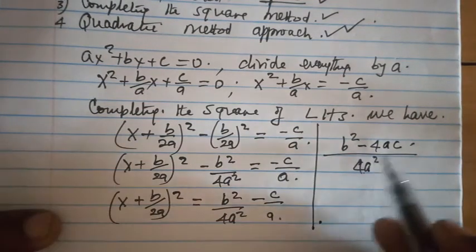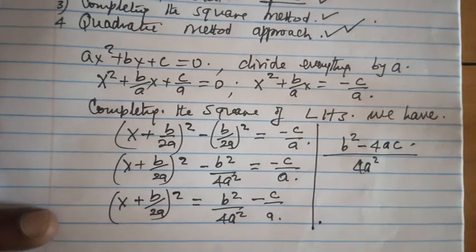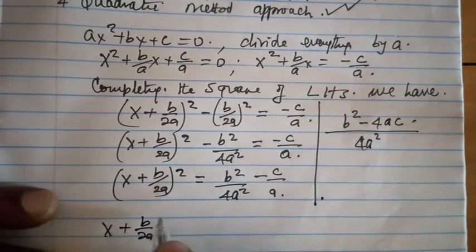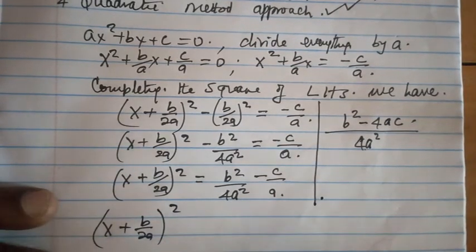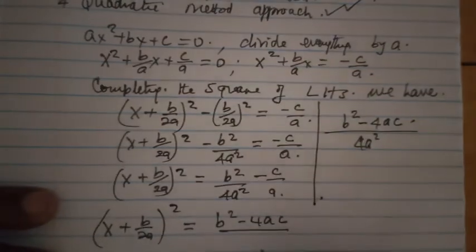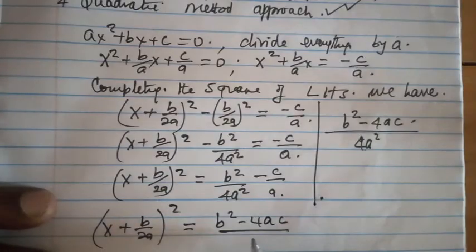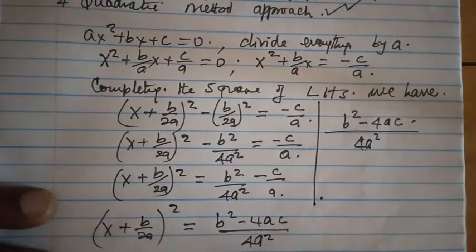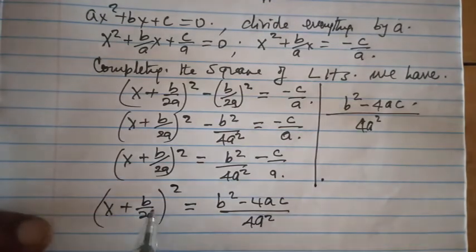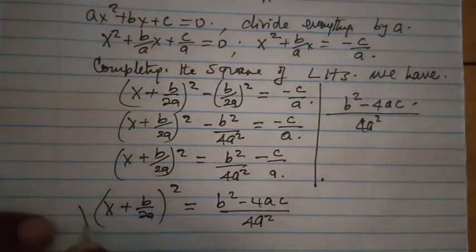So on the right-hand side we have x plus b over 2a squared is equal to b squared minus 4ac, everything over 4a squared.